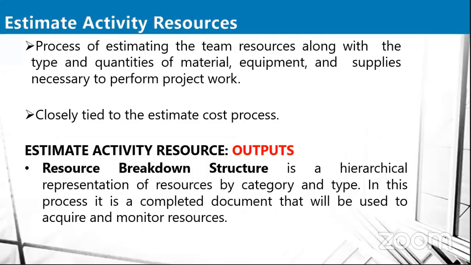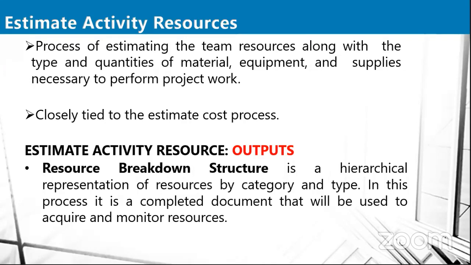Now, estimate activity resources is the process of estimating the team resources, along with the type and quantities of materials, equipment, and supplies you need to perform the project. It is sometimes closely tied with cost, because you have to know the cost of these materials and the cost of employing your team.